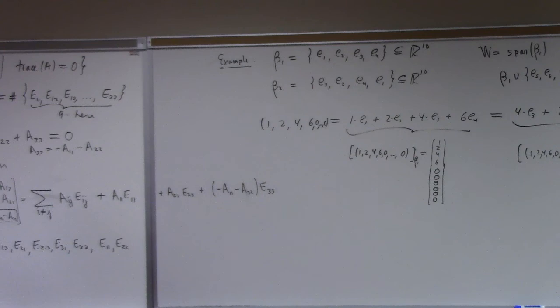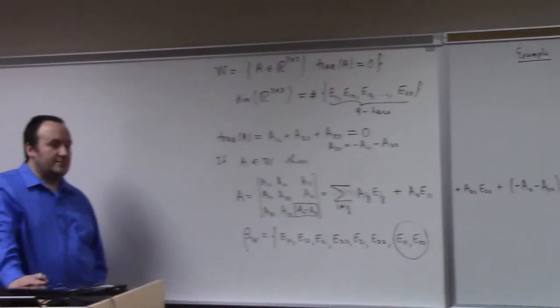Uh-oh. No, no, no. That would be bad. Can these be part of a basis for W? Can you have something in the basis for a subspace which is not actually in the subspace? No, because the span allows 1 times the vector to be in the span. So if the vector was not actually in the span and you say that it's part of the generating set, you're in trouble. E11 is not traceless.